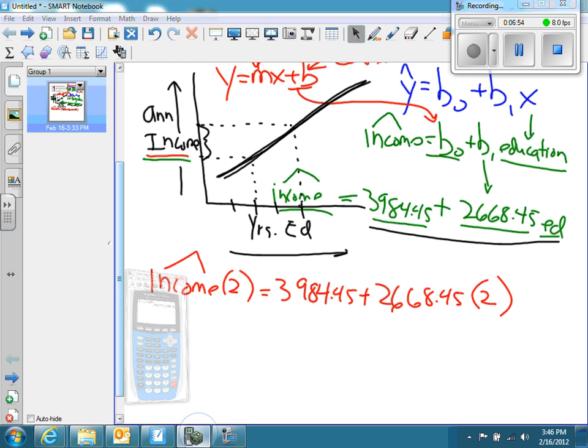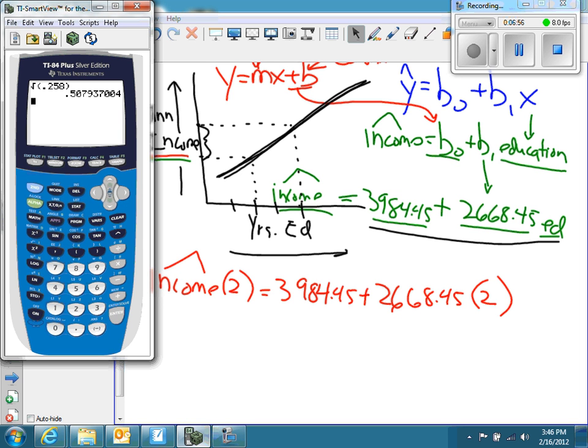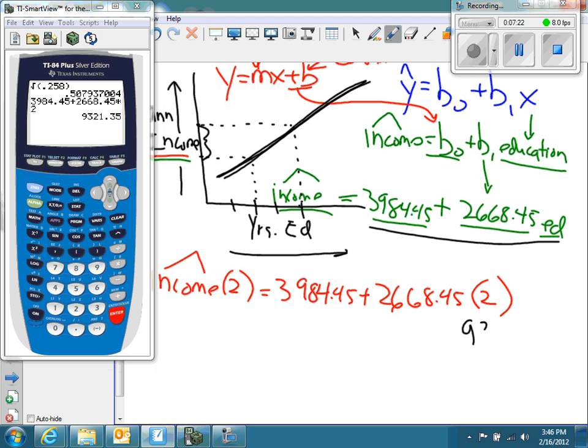Pull up the calculator, hope I can do this. 3984.45 plus 2668.45 times 2 is equal to 9321.35. So let's write that down over here: 9321.35.